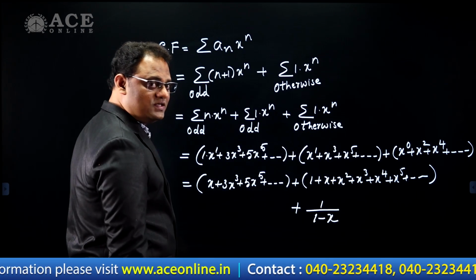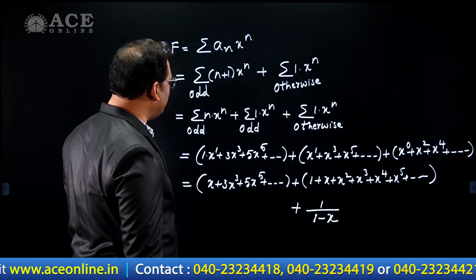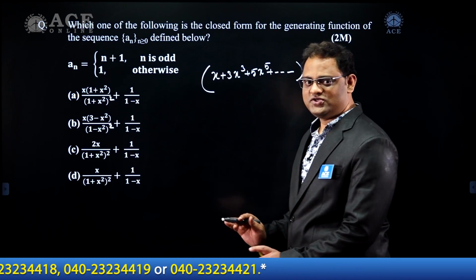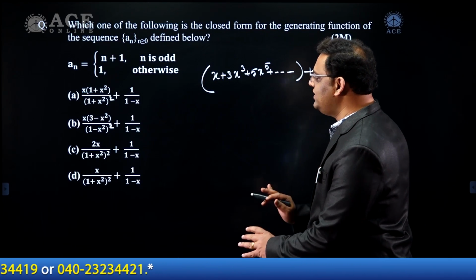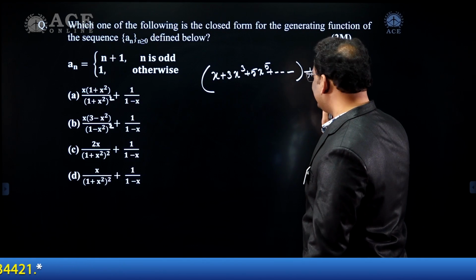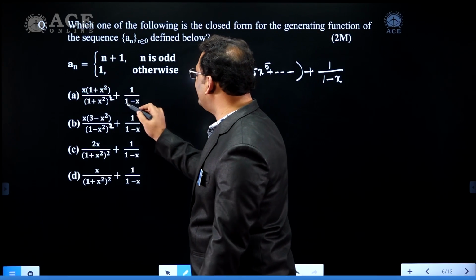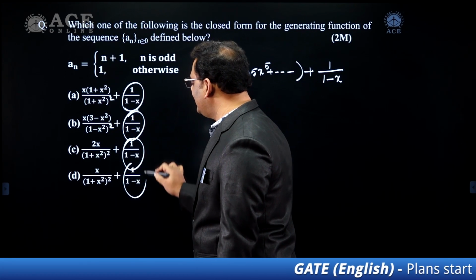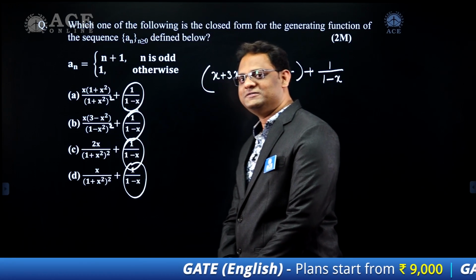The first part as it is I have taken. Even in the examination you can stop the question here and analyze. The second part is safe, you already got this 1 by 1 minus x. So you need to analyze only the first part, right?